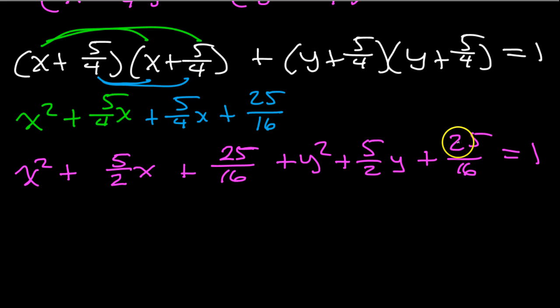Well, 25 plus 25 is 50. So if I put these together, it's going to be 50 over 16. Okay, but that reduces, doesn't it? So that's going to be the same thing as 25 over 8. So I think I'll just erase that as well.